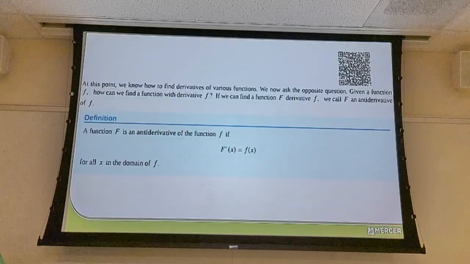Which means every function that has an antiderivative, because as we'll see, not all functions have an analytic antiderivative. In fact, probably 99% of the functions that exist do not have antiderivatives, which is a pain. My favorite is e to the minus x squared. That has no antiderivative. There is no function that gives e to the minus x squared as a derivative.